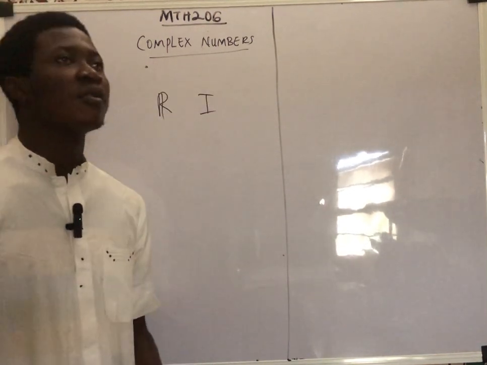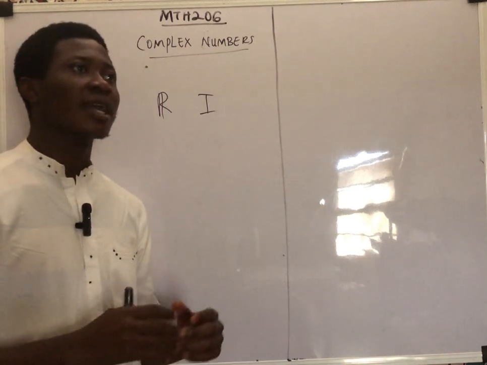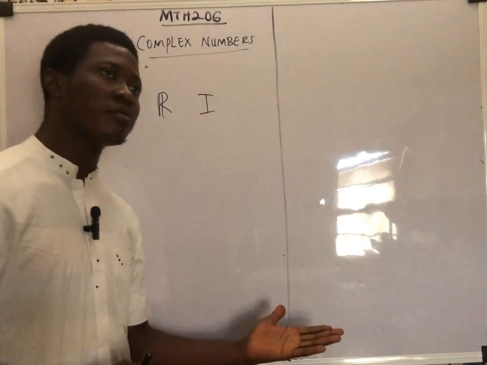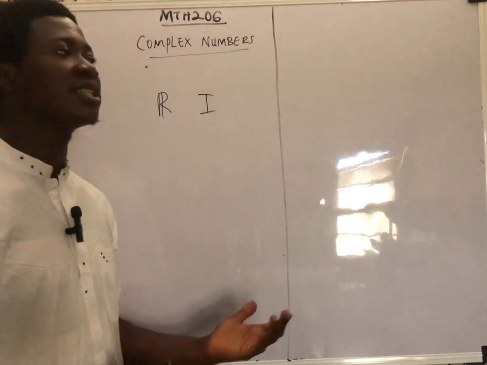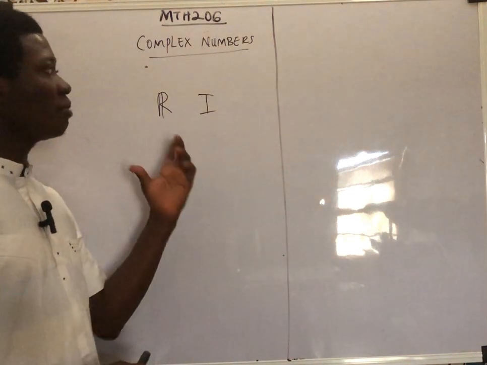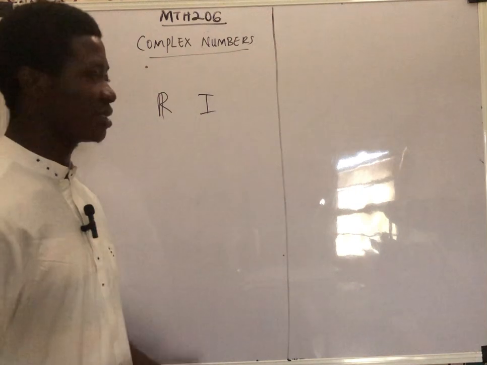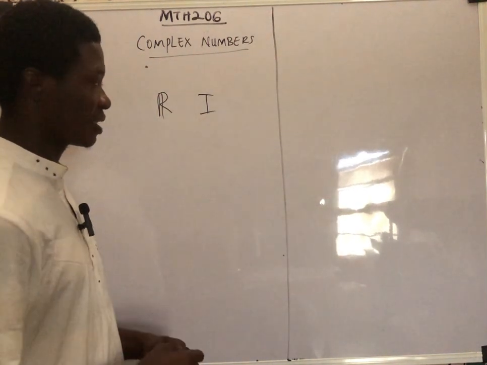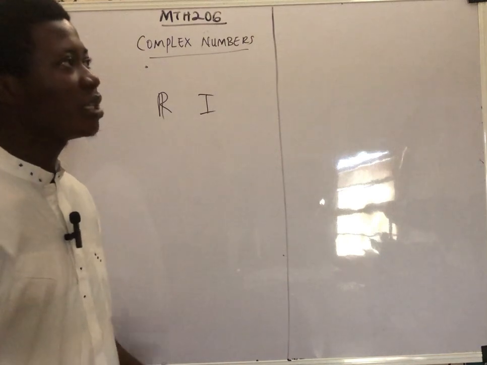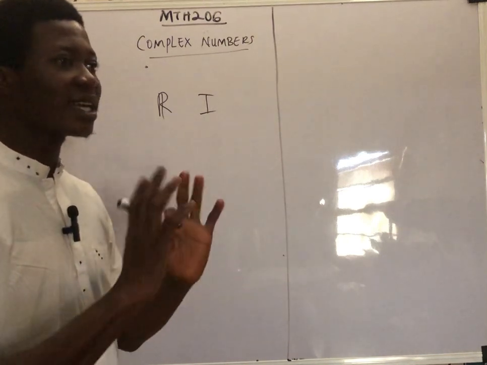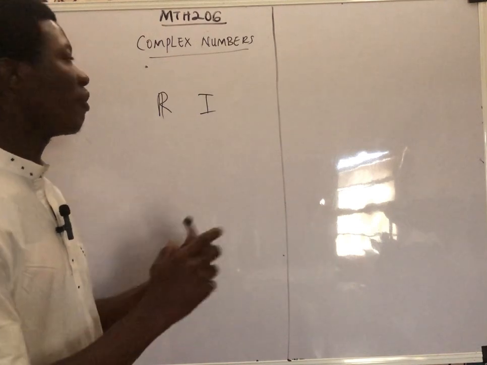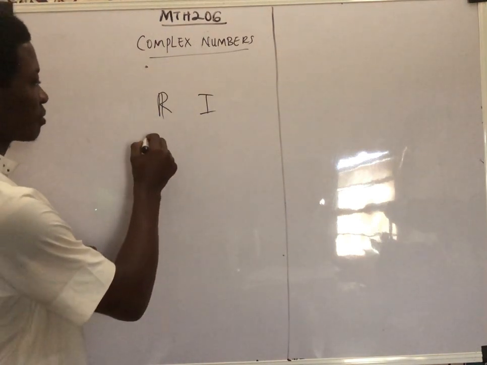Now, other numbers are categorized as either real numbers, rational numbers, irrational numbers, integers, and others. But a complex number has two parts: the real part as well as the imaginary part. Now, with that being said, let us look at the standard form of a complex number.